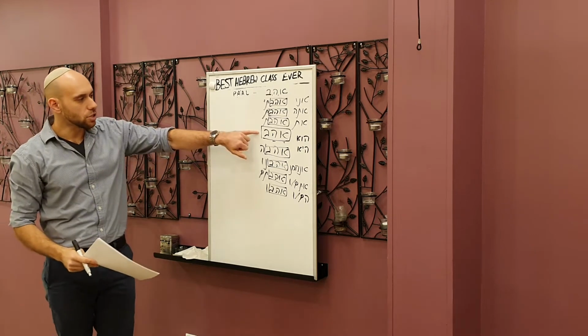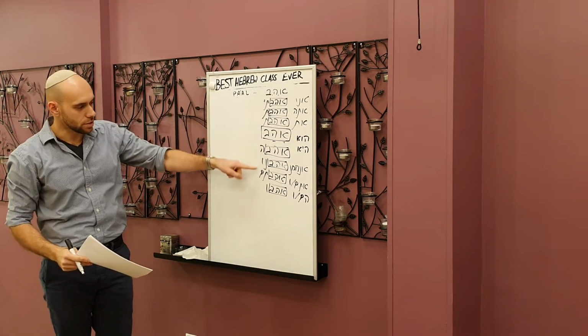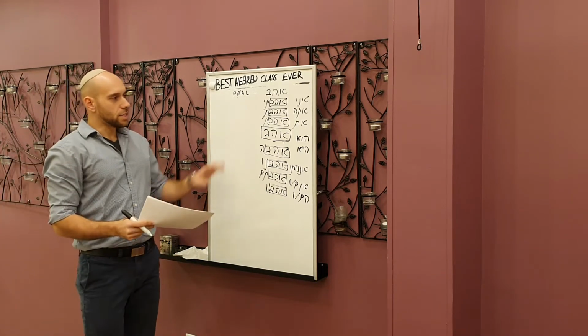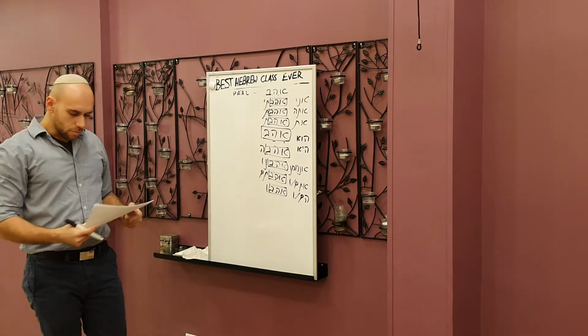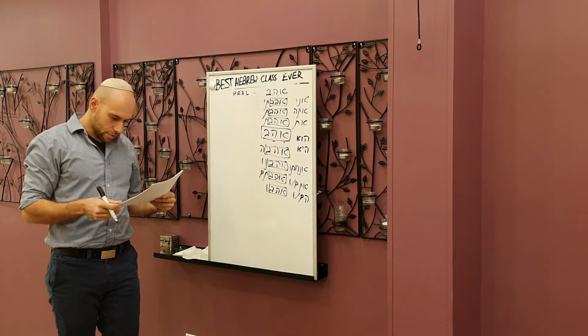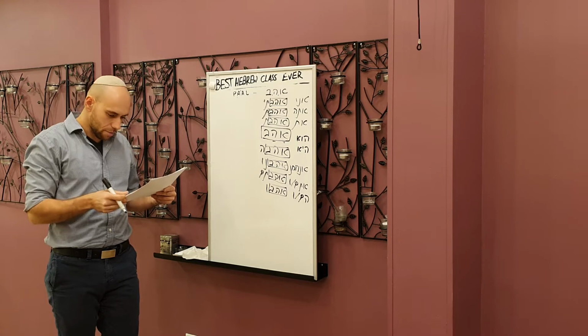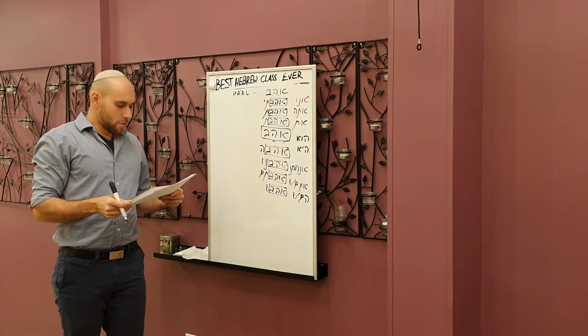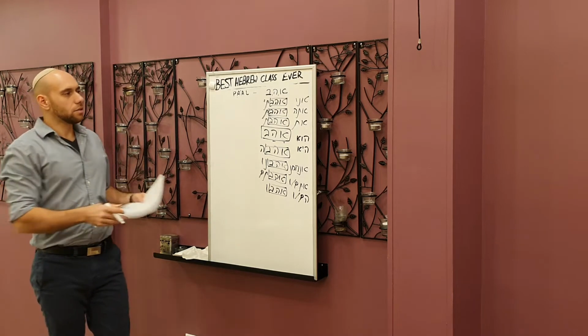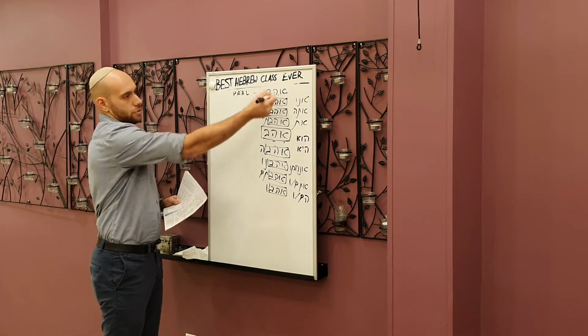So this has no suffix, and these have these suffixes added to this. And these suffixes are exactly the same for all the binyanim. What changes in the binyan is this part.